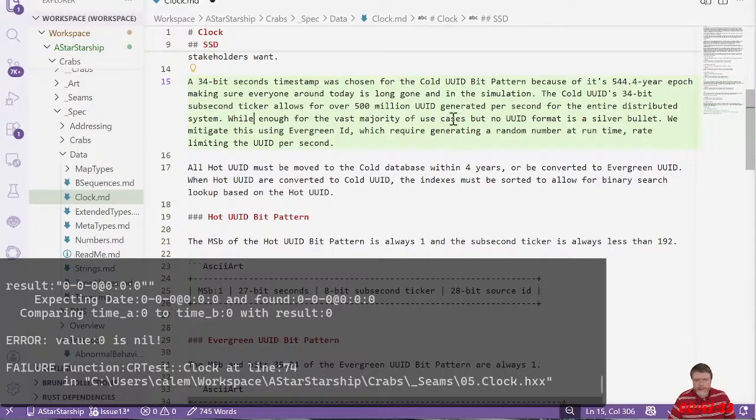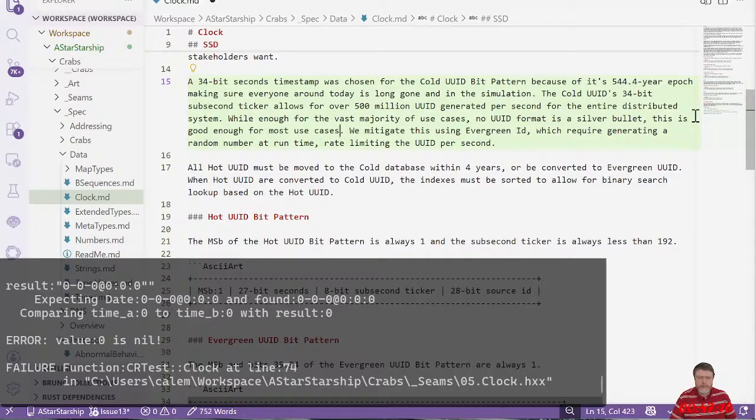While enough for the vast majority of use cases, no UUID format is a silver bullet. We work for most use cases. We mitigate this using evergreen ID, which requires generating a random number at runtime, rate limiting the UUIDs per second.